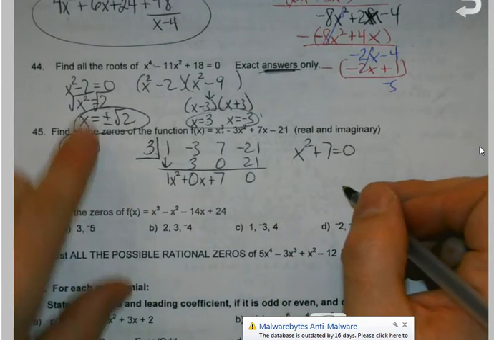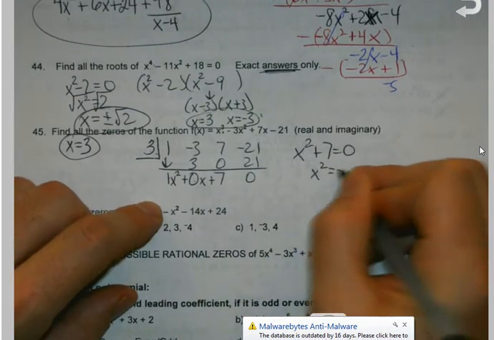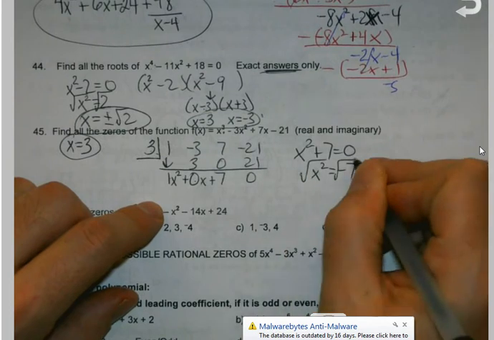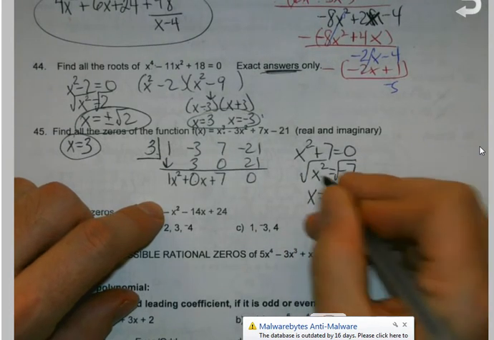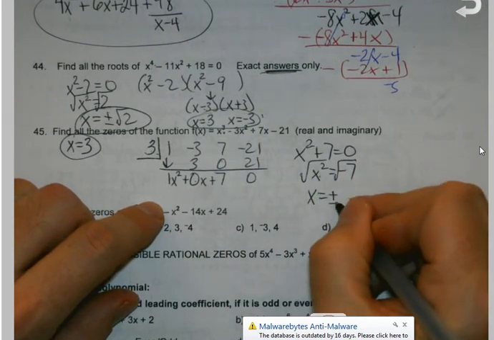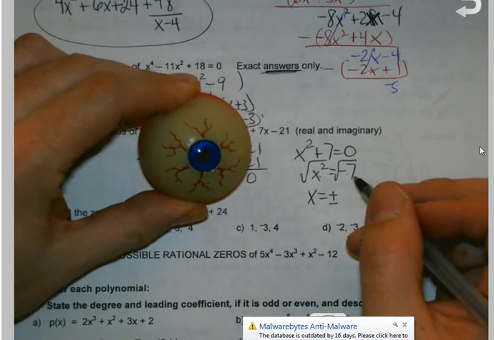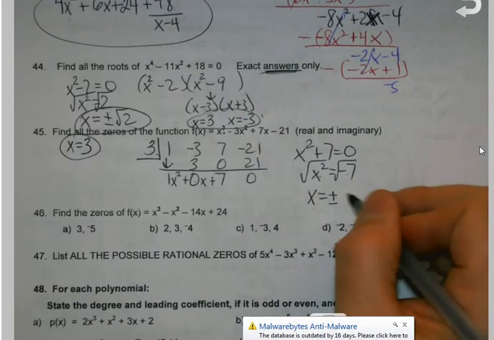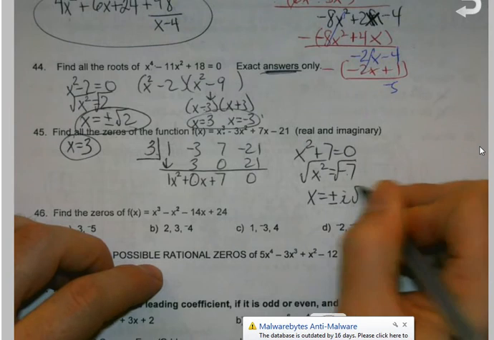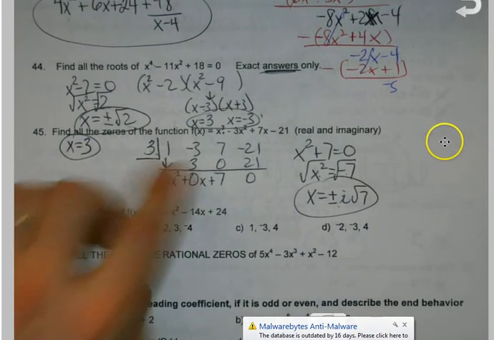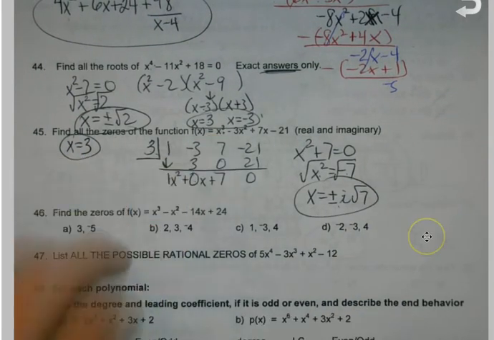And just like we did up here, I'm going to go ahead and solve this, remembering that when I take the square root of a quadratic, it's plus minus. What do I got to do with the negative? Pull an i out. 2 answers plus the 1 from before, 3 answers, degree of 3, I'm good to go.